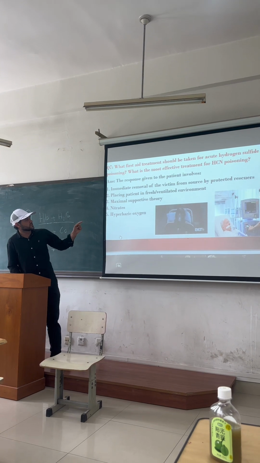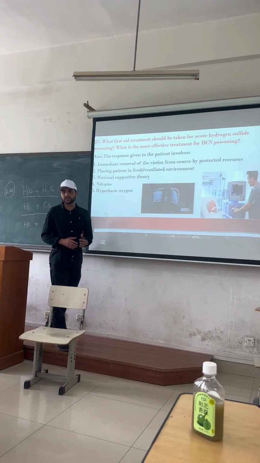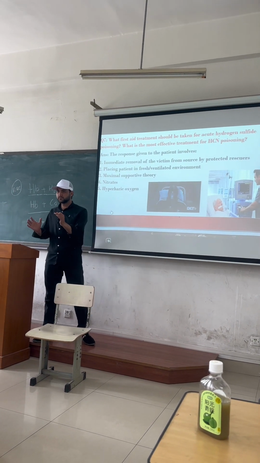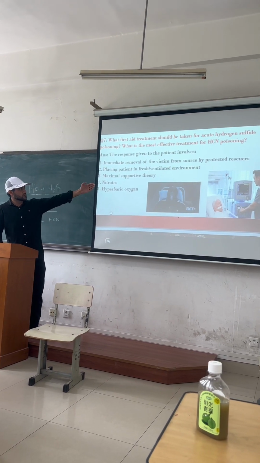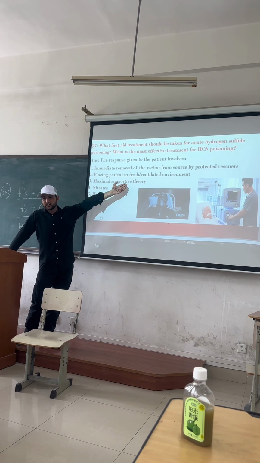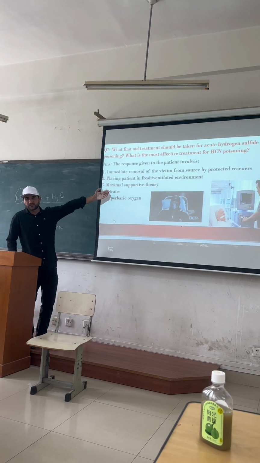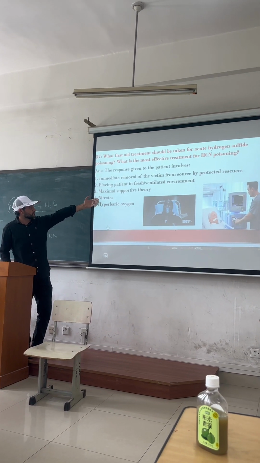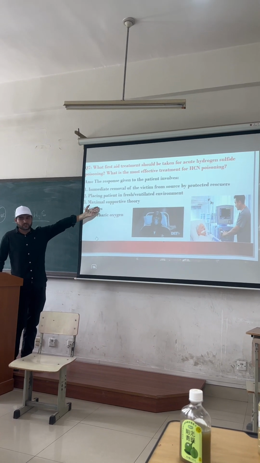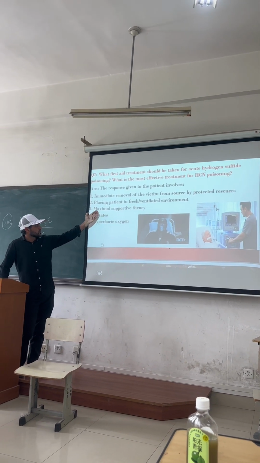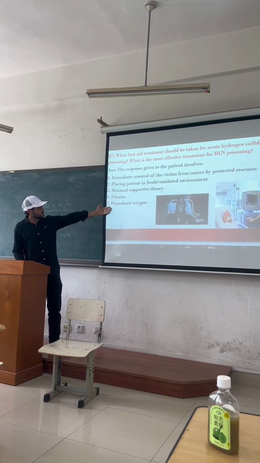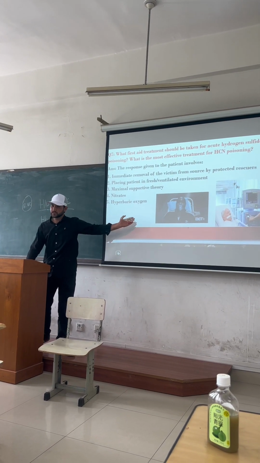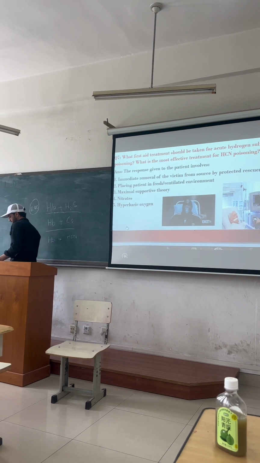Number two is placing the patient in a fresh and ventilated environment with good air and oxygen, like putting on an oxygen mask. Then maximum supportive therapy. Kamar already explained about it, and also about nitrates and hyperbaric oxygen, so no need to explain it again. Let's move on to the next question.